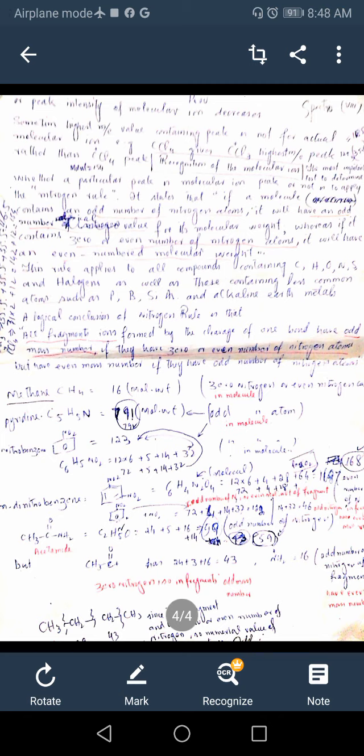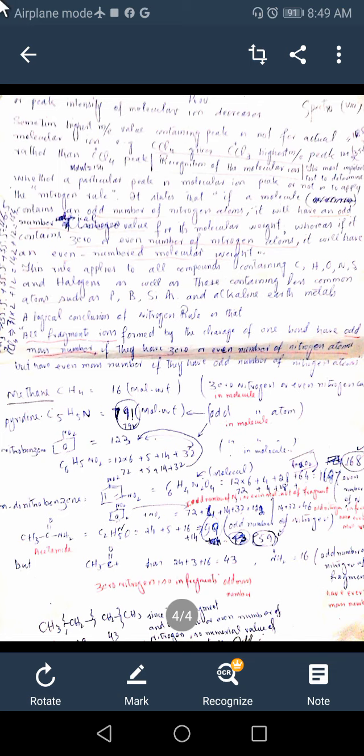If the number of nitrogen atoms in the molecule is odd, then the molecular weight of that compound will also be odd. You can see different examples. Here we are briefly saying, for example, you have CH4, methane, and the number of nitrogen atoms in methane is 0.